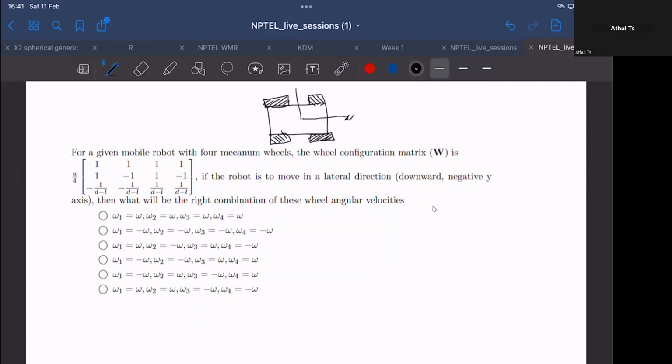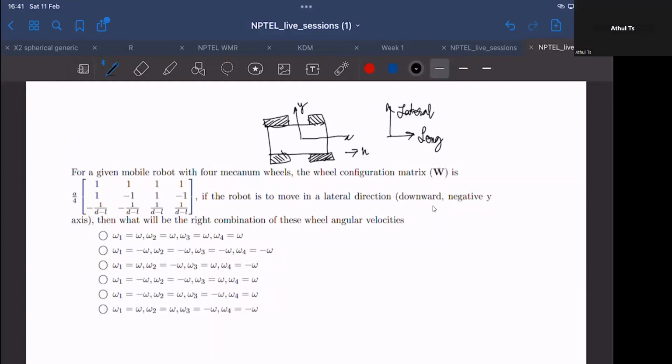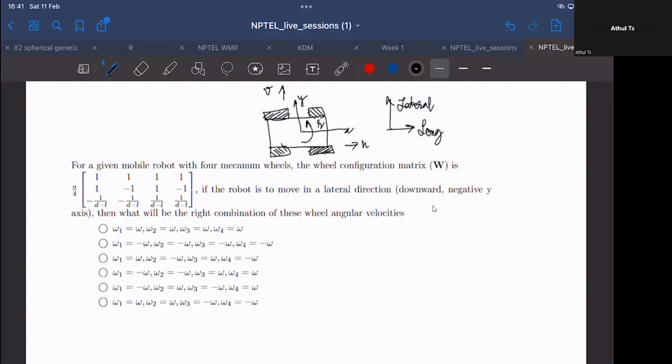This is the x-axis, this is the y-axis. Along the x-axis we have the longitudinal direction, and along the y-axis the lateral direction. The velocity component along the x-axis is termed u, the velocity along the y-axis is denoted v, and the rotation about the z-axis is r. So the zeta vector would be u, v, r.